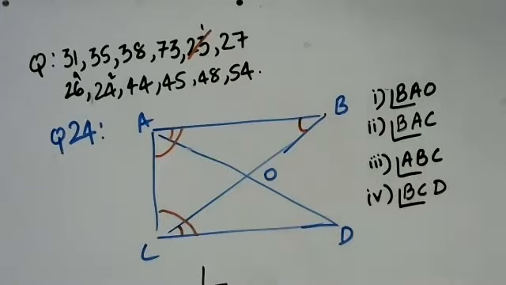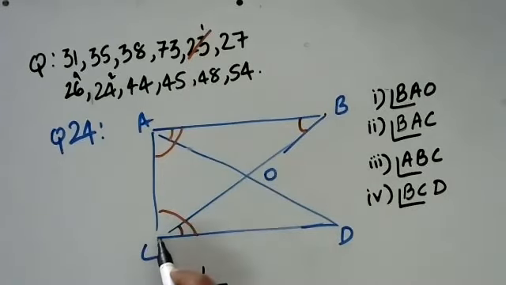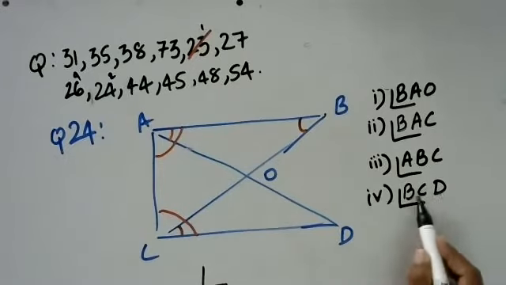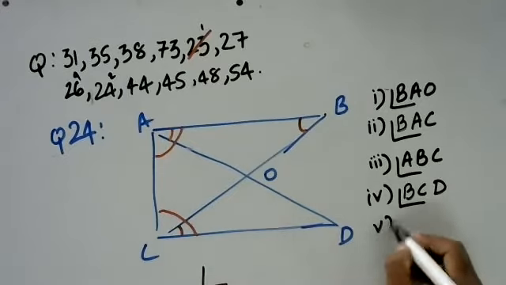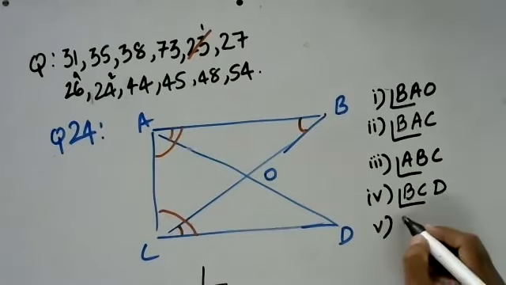BCD works both ways. C is in the center, the point has to be in the center, and it is in alphabetical order also. So you say BCD. And how about the bigger angle over here? ACD. Well answered. ACD, correct.